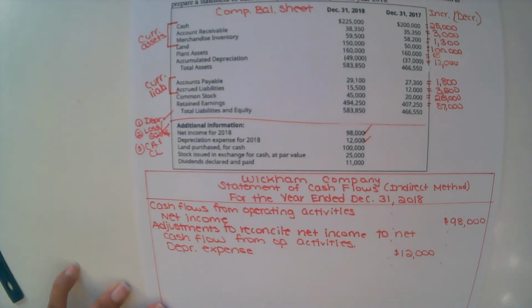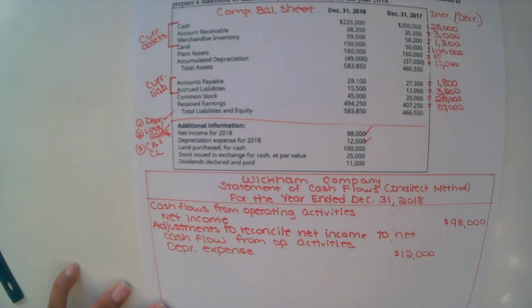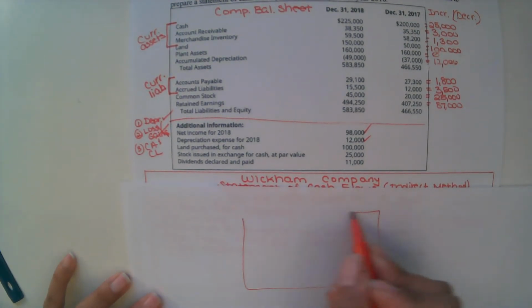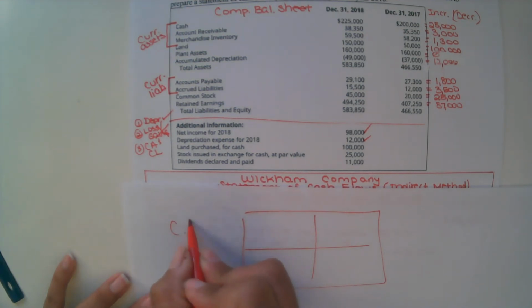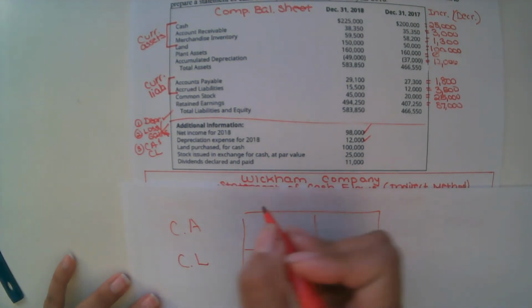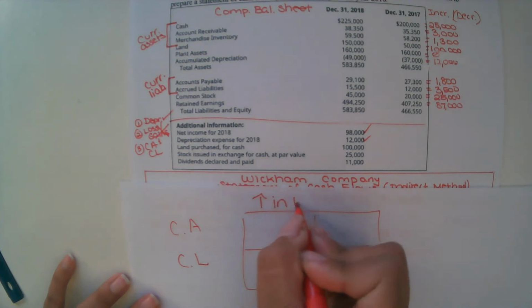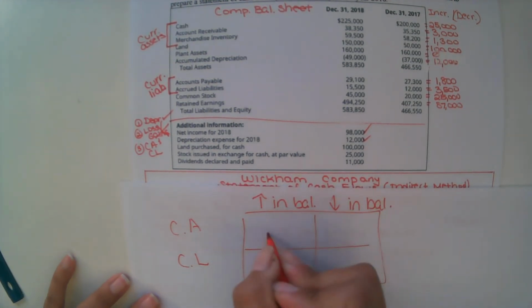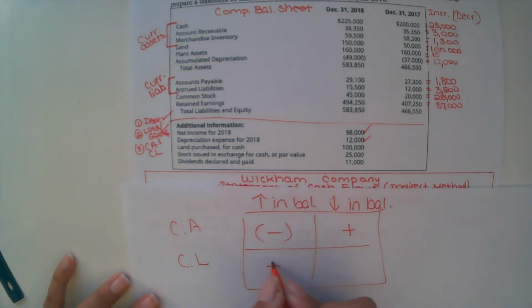All right, so we've got our current assets. We're going to use that handy matrix that I gave you guys: current assets, current liabilities, increase in balance, decrease in balance. Right, that little matrix.